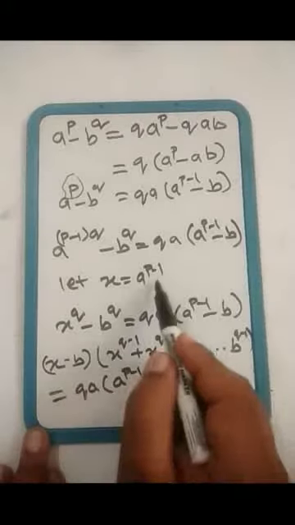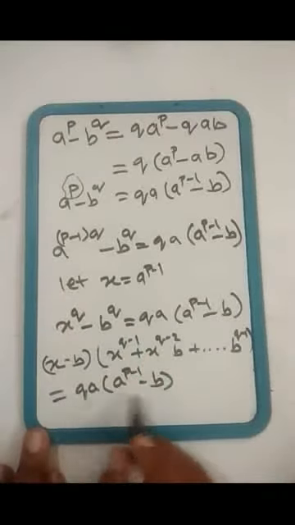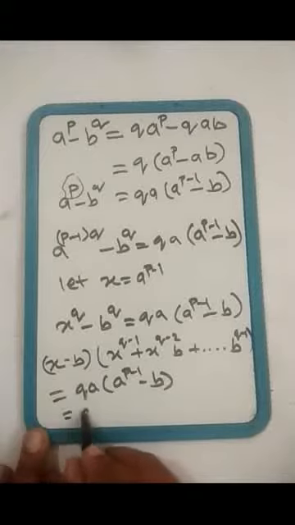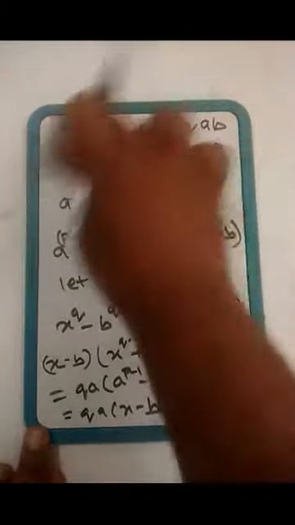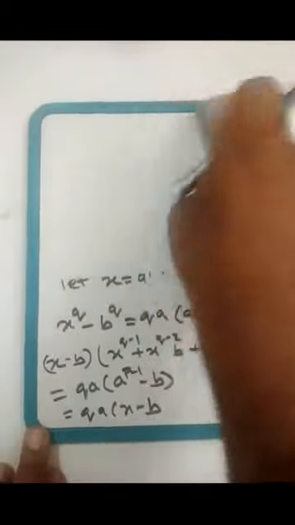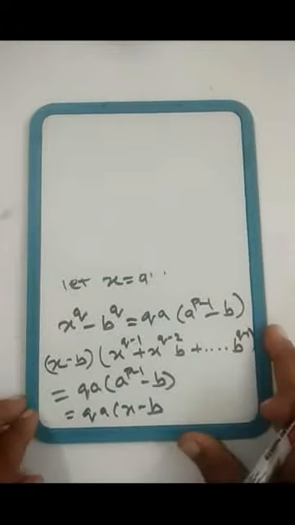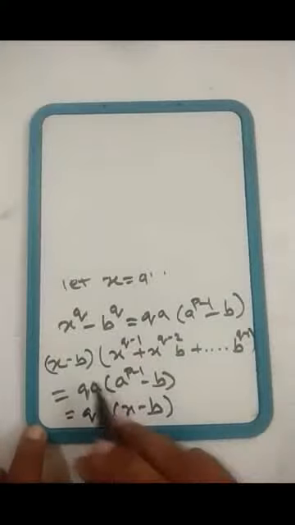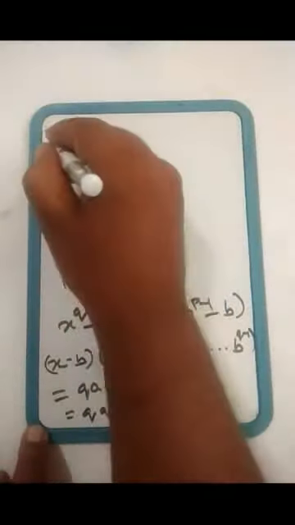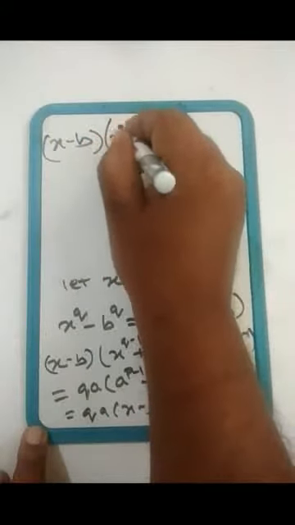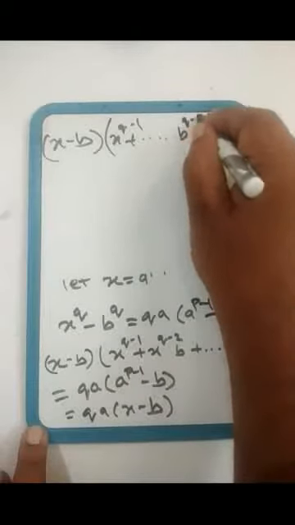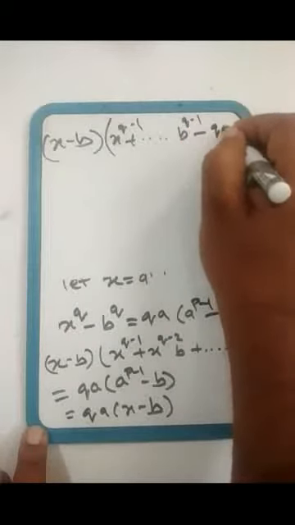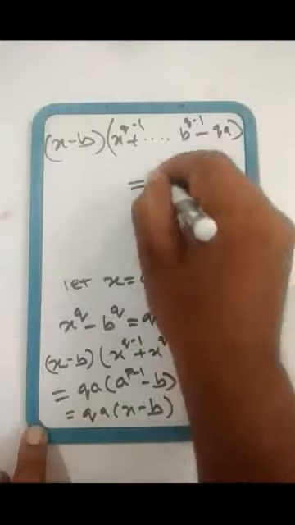What is x? x is a raised to p minus 1. So this is qa times x minus b. So sending this on the left hand side, x minus b into x raised to q minus 1 and so on, b raised to q minus 1 minus qa, this is equal to 0.